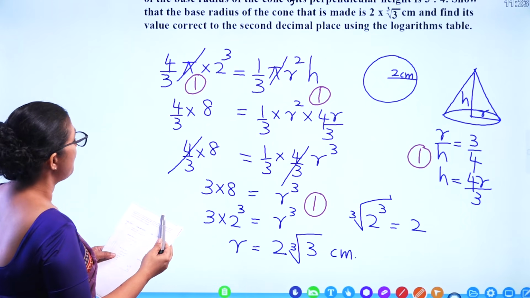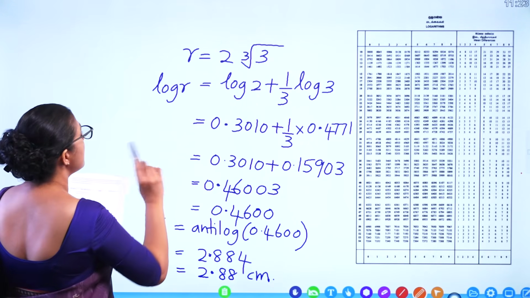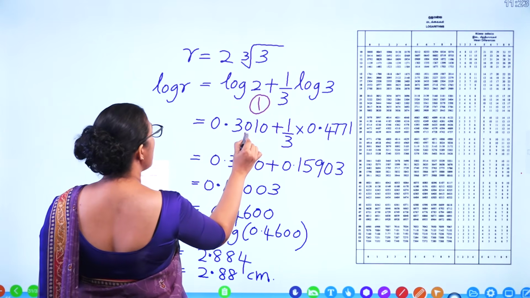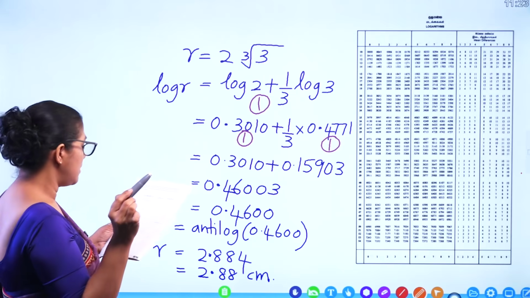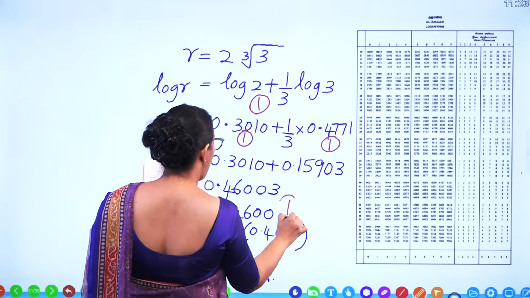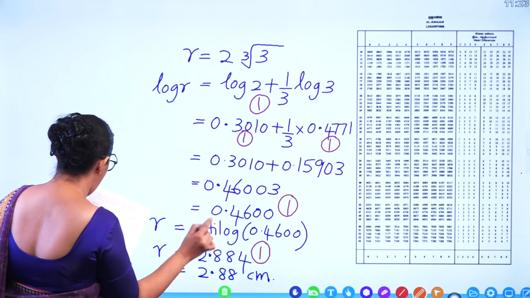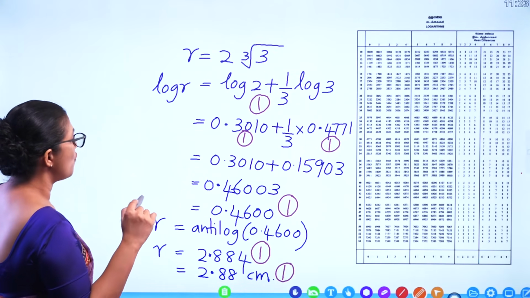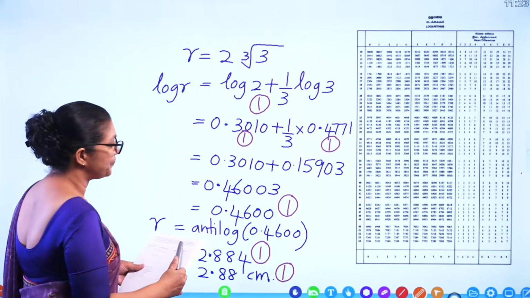So 4 marks there. Then the second page, this part, taking log both sides, 1 mark. And these 2 values, 4771 referring to the log table, 2 marks. And 4600, 1 mark. And get the antilog value, 1 mark. And rounding, 1 mark given. 2, 3, 4, 5, 6 and altogether 10 marks for the whole question.